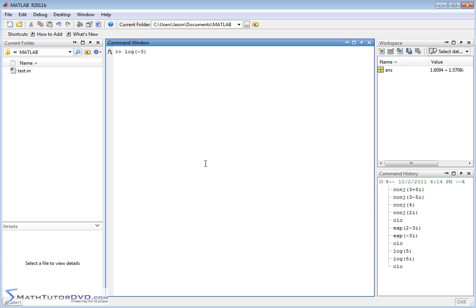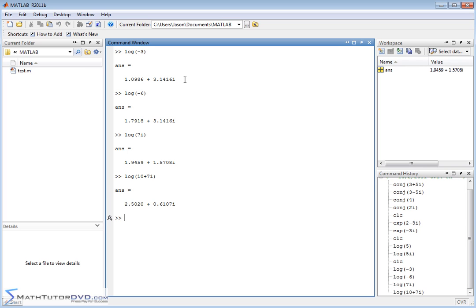Well, in reality, when you get to higher math, you realize it is defined. It's just that the answer is complex. So you can take the logarithm of negative numbers, of imaginary numbers, and of complex numbers, which have a real plus an imaginary part. MATLAB understands all this and basically does everything behind the scenes. So exponentials and logarithms are taken care of.